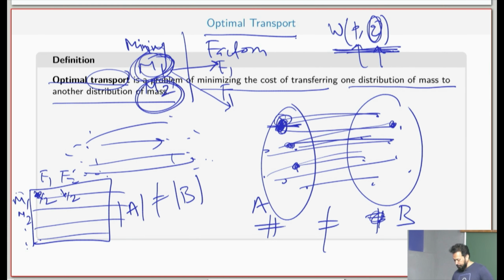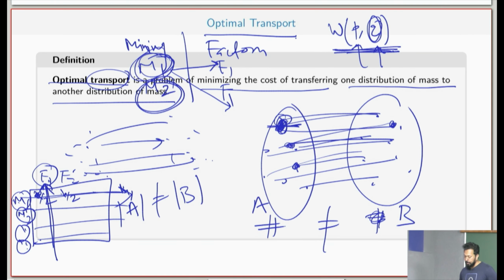Then whatever amount M1 had, it should match up to the quantity of M1. So this row sum should be preserved, and we can say the same thing for the factories. Whatever capacity they have, F1 needs a certain capacity, then it should be fulfilled by the mines, but in whatever fraction they get, it doesn't matter.